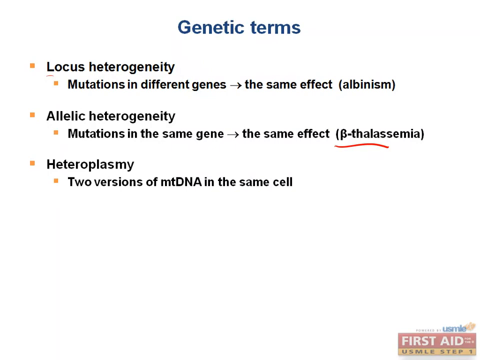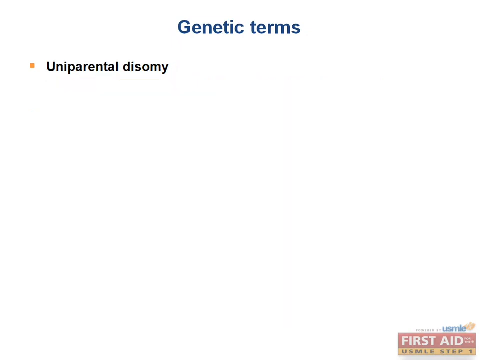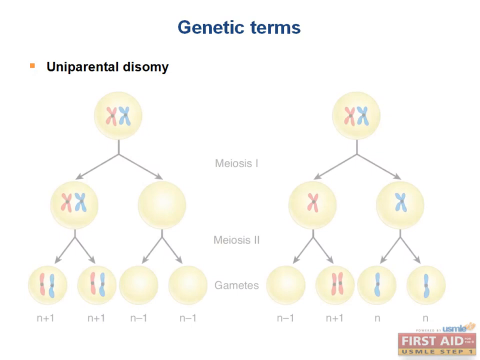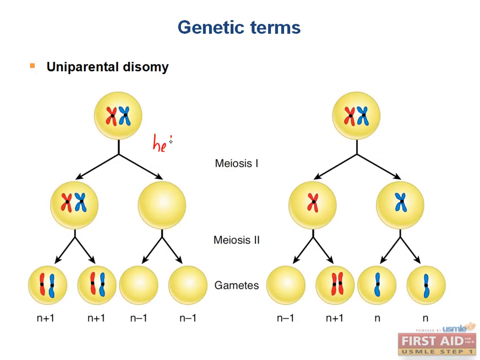Our last term is uniparental disomy, which occurs when an offspring receives 2 copies of a chromosome from one parent and no copies from the other parent. There are 2 types, heterodisomy and isodisomy.